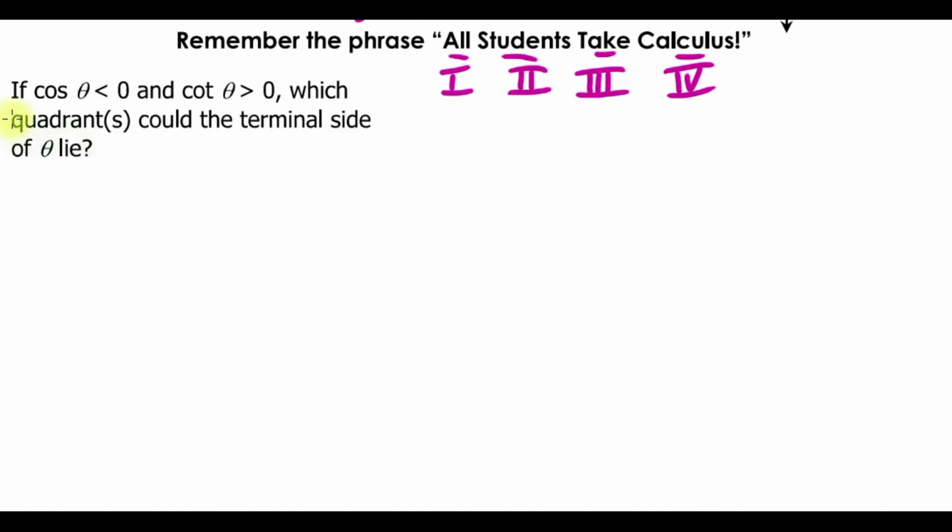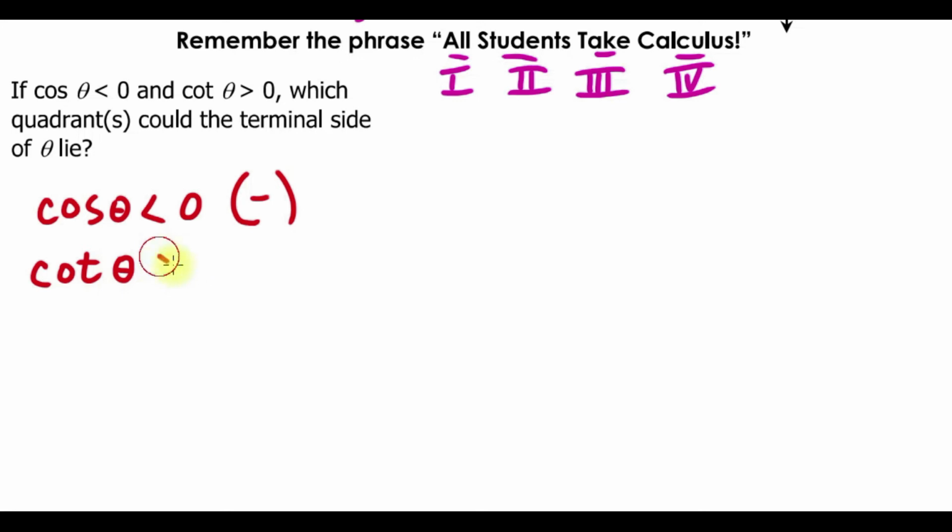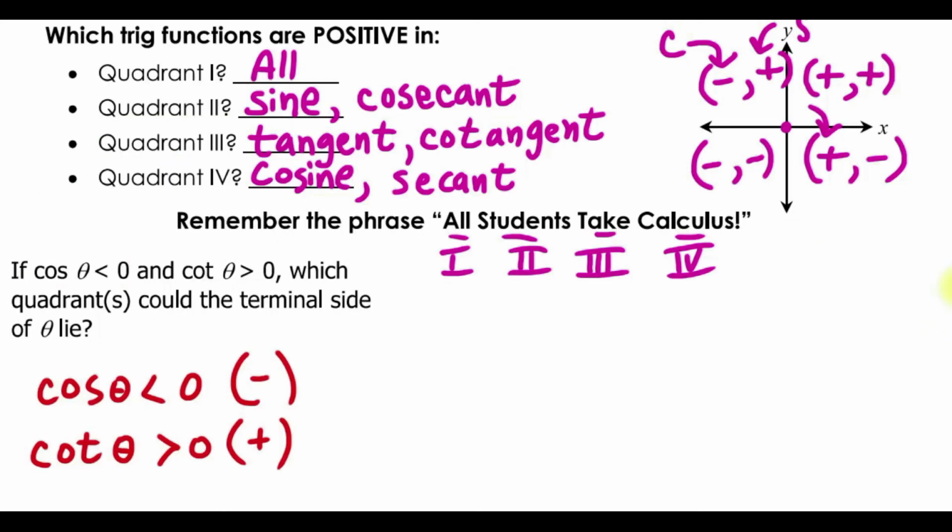So here's the example. It says if cosine theta is less than 0, so that means cosine is negative. And then cotangent theta is greater than 0, so that's positive. Which quadrant could the terminal side of theta lie in? Going back to this right here, guys.